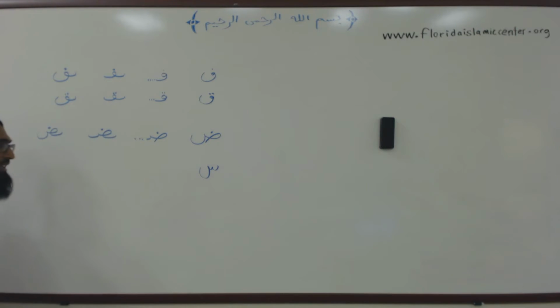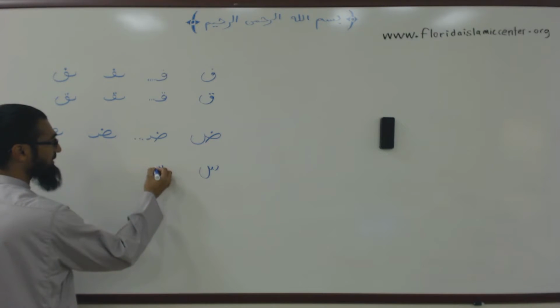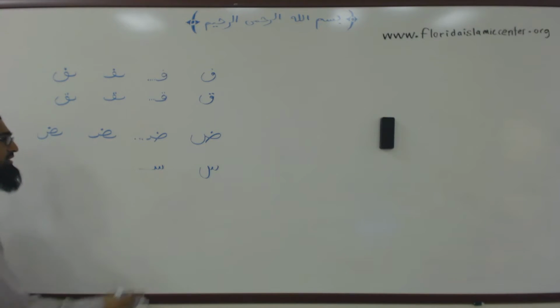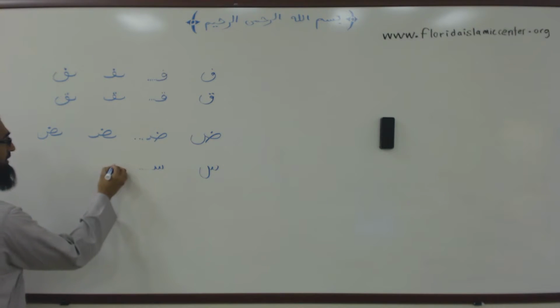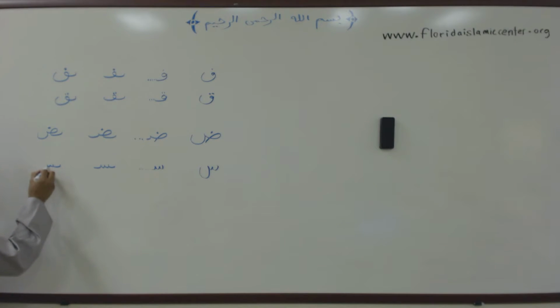Seen by itself looks like this. In the beginning, seen looks like that. So the tail drops from it. Okay, in the middle, it's going to look like this. Looks like that little W there, right? That's seen in the middle. And in the end, it looks like that. Seen on the end.